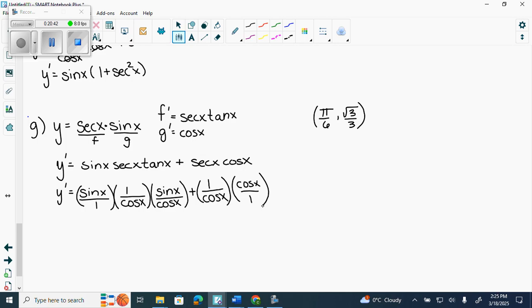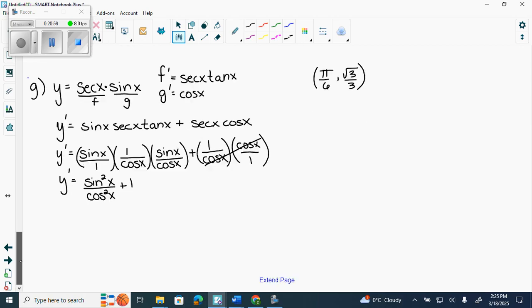Guys, that cancels to become 1. This becomes sine squared x over cos squared x plus 1. What is sine squared x over cos squared x? Tan squared x plus 1. Guys, what's tan squared x plus 1? Secant squared x.